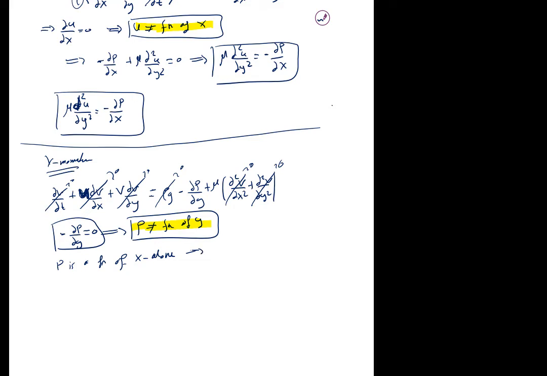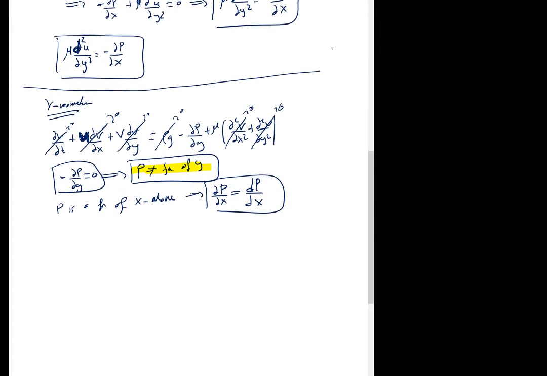What does this imply? I can say the partial derivative dp/dx is equal to the total derivative dp/dx. And I have converted my huge mess up here to a simple problem that can be solved very, very easily. Okay, so we'll move forward.